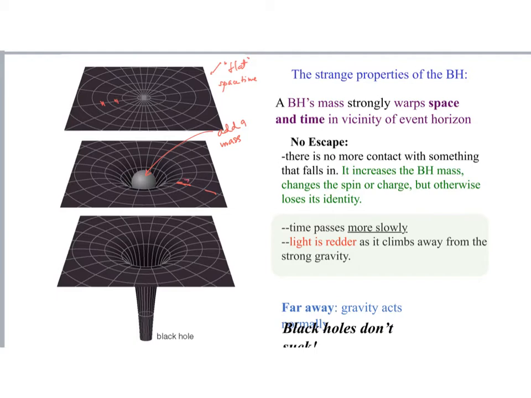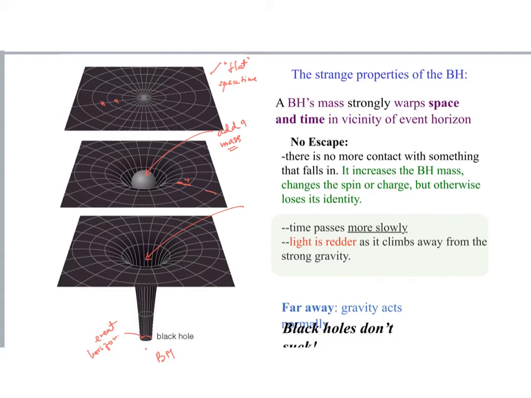And this would be the event horizon. So say instead of just a mass, now here is the black hole. Look at how much the space is curved.